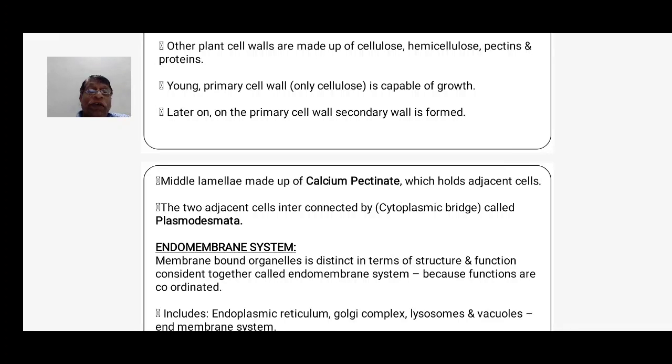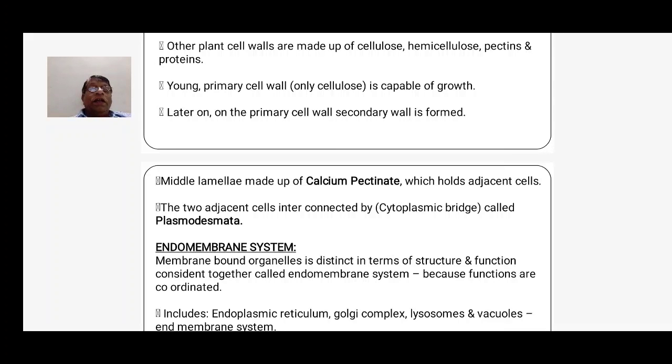This bridge we call plasmodesmata. What is plasmodesmata? The cytoplasmic bridge between two neighboring cells is called plasmodesmata.